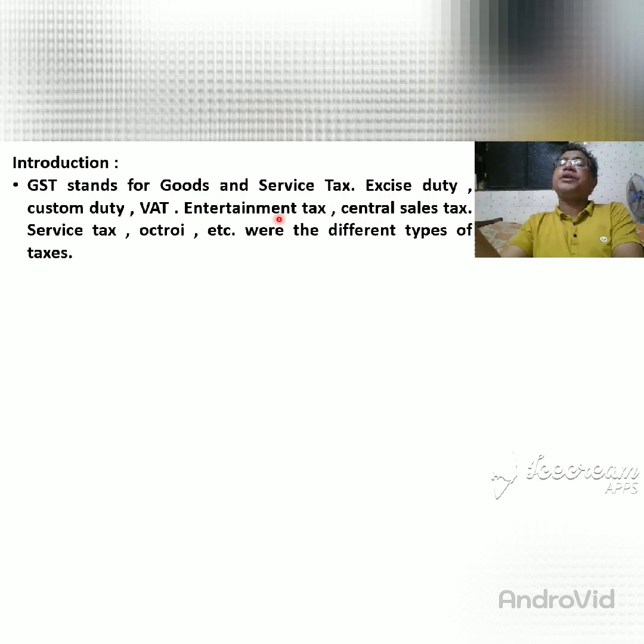Suppose the movie ticket is 150 rupees and the entertainment tax is 20, so it is 170 rupees for the movie ticket. That is called entertainment tax. Then central sales tax. Central sales tax means when you sell anything, you must pay tax, that is called central sales tax.